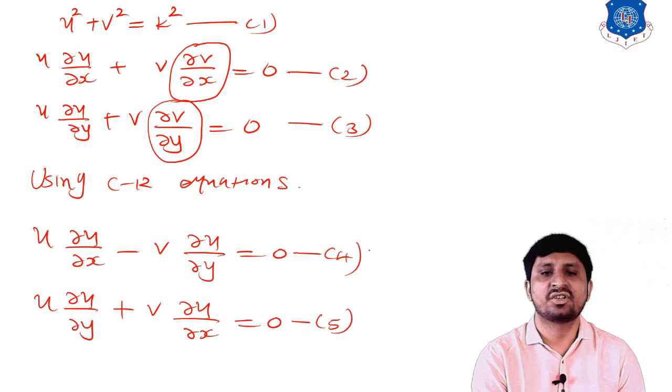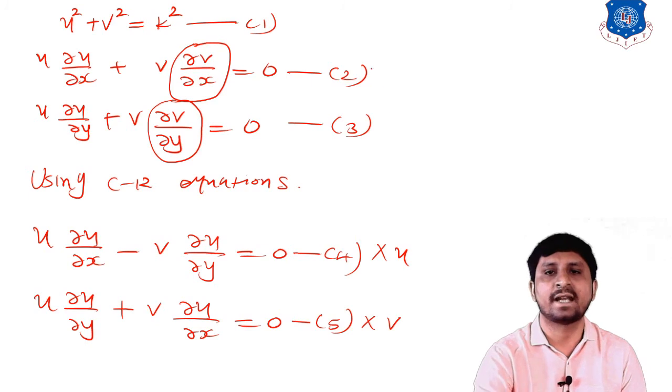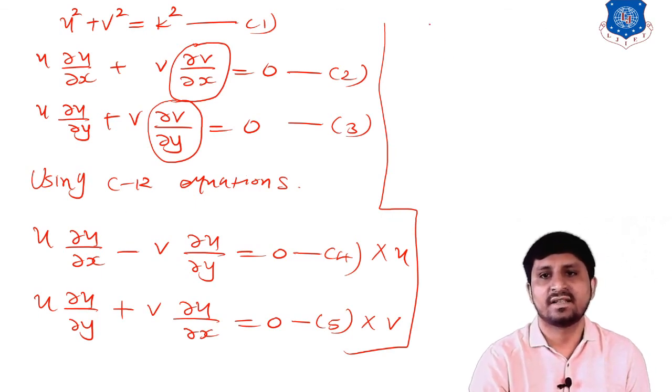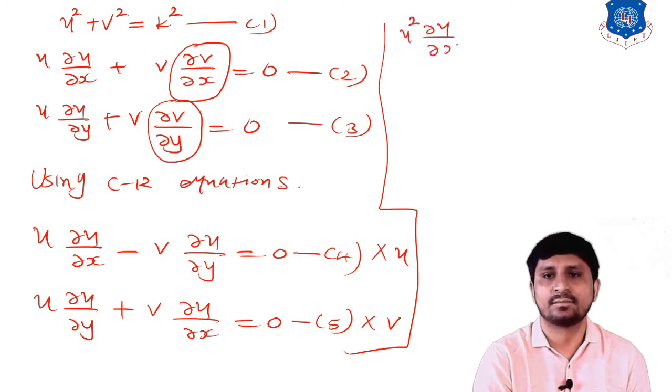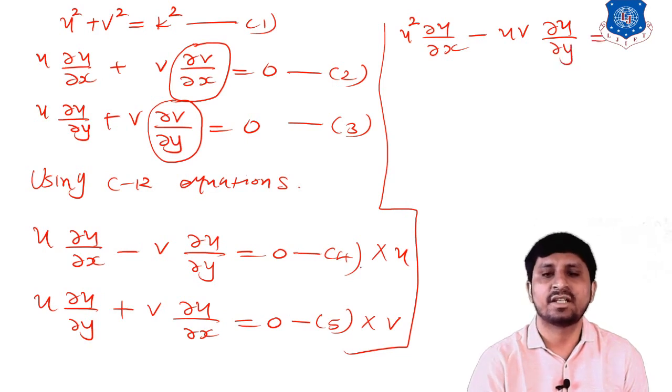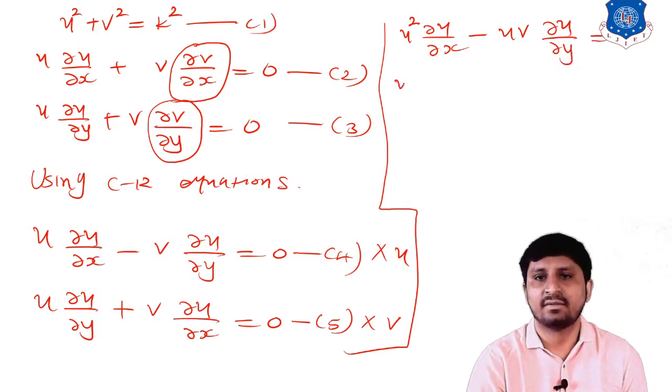We multiply equation 4 with u and equation 5 with v, and then we add the two equations. So we get u square del u by del x minus uv del u by del y equal to 0, and uv del u by del y plus v square del u by del x equal to 0.